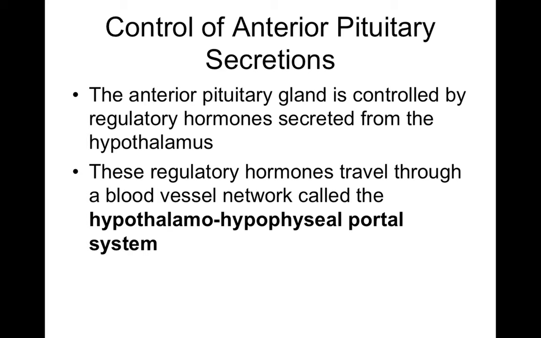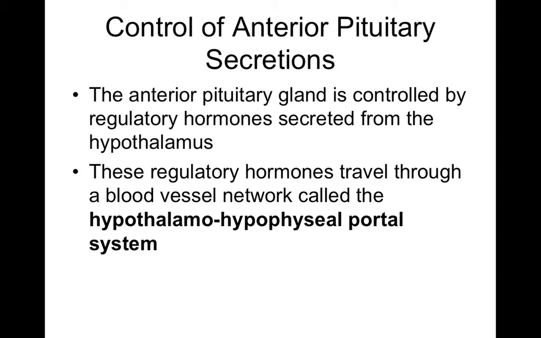Hypophyseal just means pituitary, because another word for the pituitary is the hypophysis. And a portal system is a system of blood vessels that interconnect. So this hypothalamo-hypophyseal portal system is a series of blood vessels between the hypothalamus and the pituitary that interconnect and basically help transmit hormones from the hypothalamus to the pituitary.